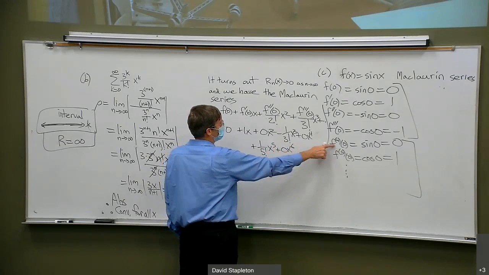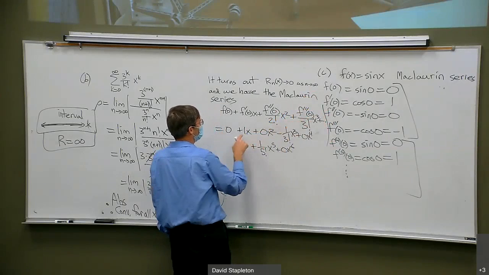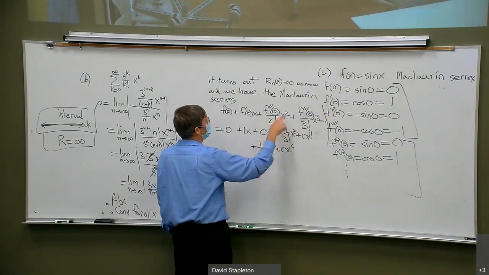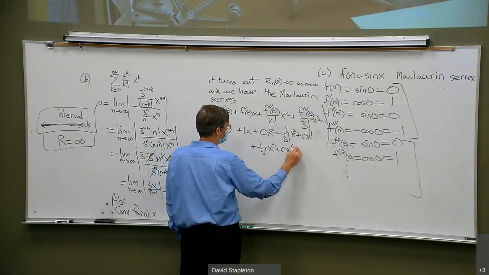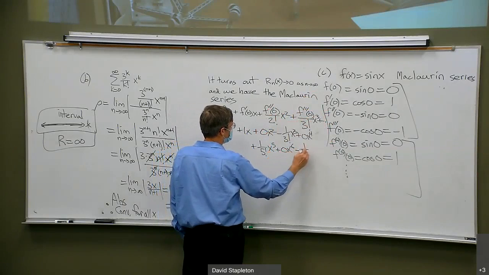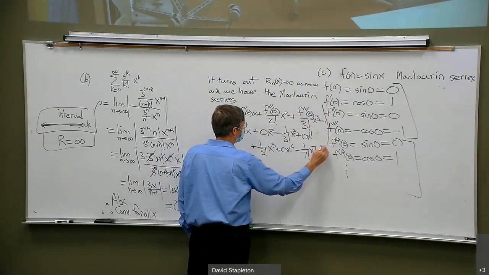All the even terms go away because all those derivatives are 0. The odd terms alternate 1, minus 1, 1, minus 1, all over the corresponding factorial. 0 x to the 6th minus 1 over 7 factorial x to the 7th, and so on.